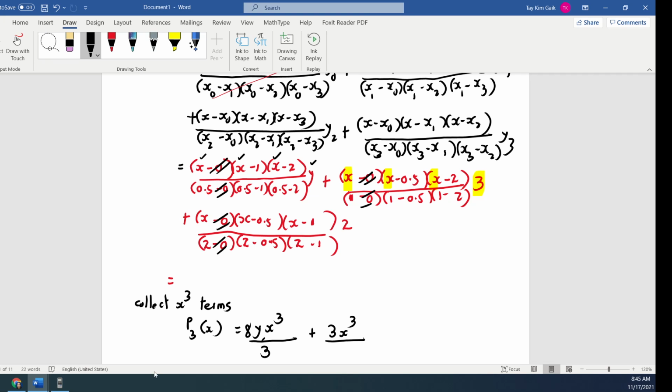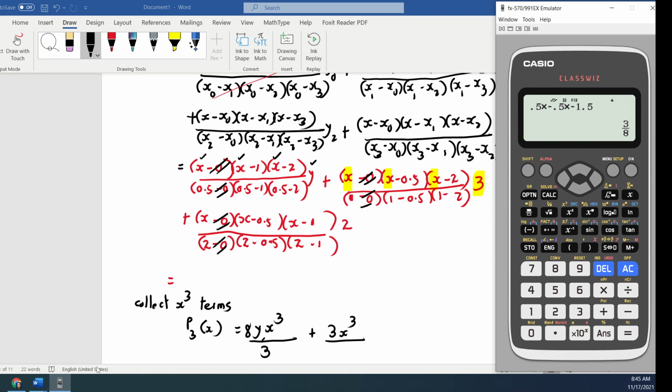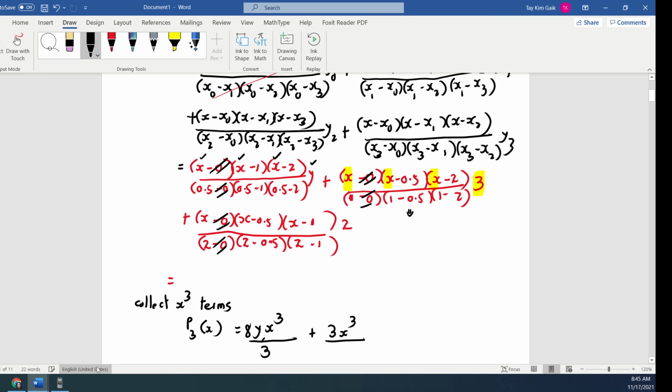This is 1, and then 1 minus 0.5 you have 0.5, 1 minus 2 is negative 1. So this one you get half, this one you get negative 1. So the answer is dividing by negative half, or actually reverse it, become multiply by negative 2.